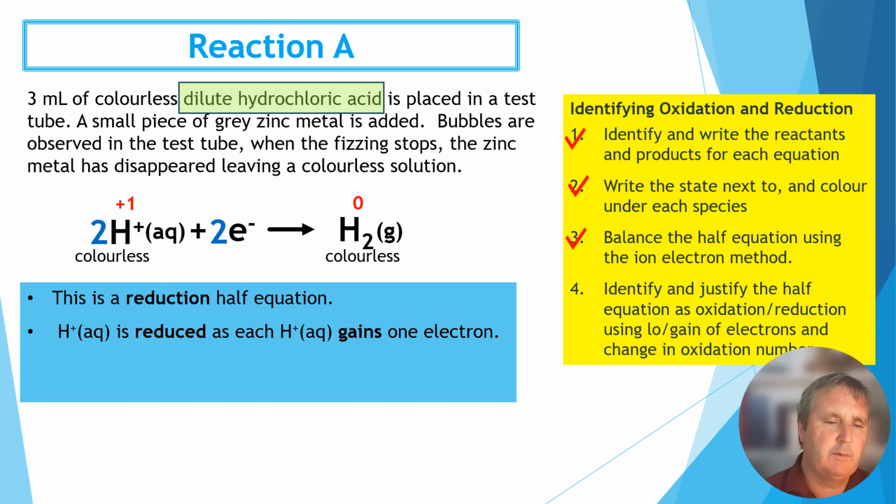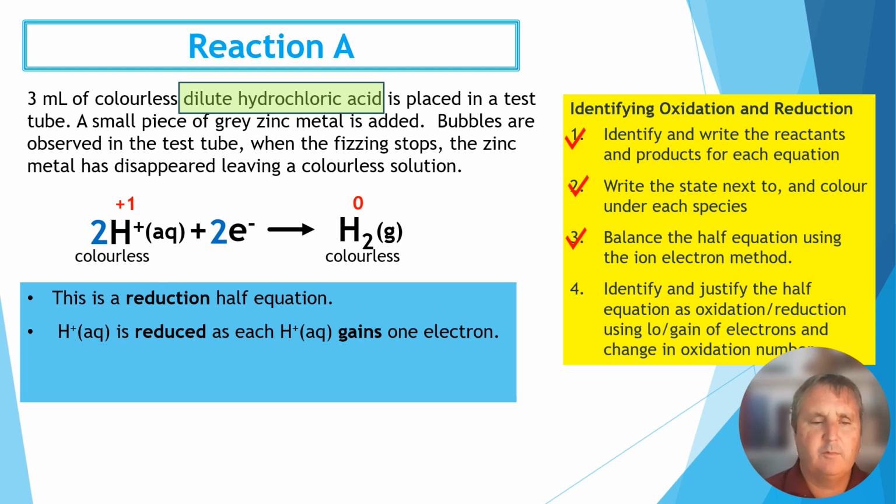H+ is +1 because it's a monatomic ion, an ion made of 1 atom, so its oxidation number is equal to its charge. H2 is an element, and the oxidation number of an atom in an element is 0. So the oxidation number is going from +1 to 0. It's decreasing, so it is reduction.